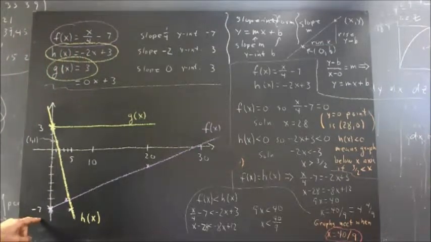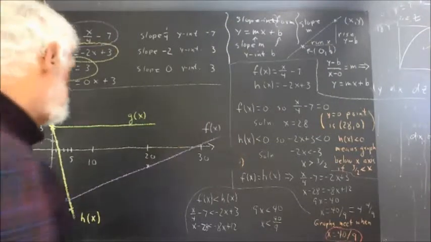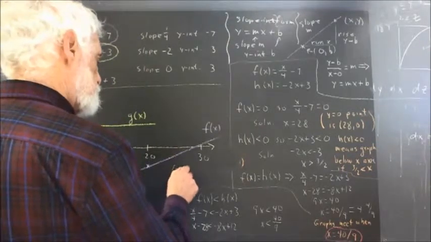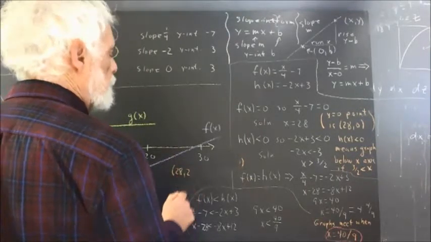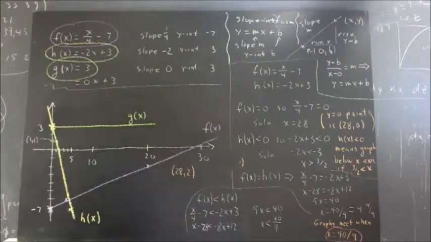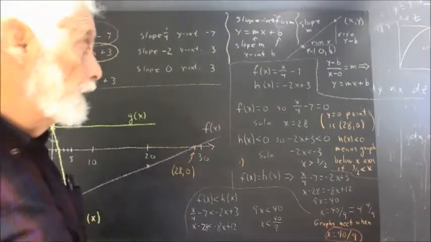So now we have the y-intercept and the x-intercept. So we can say that this point is 28, 0. I don't know why I wrote a 2 there, but let me fix that. Okay, now it reads 28, 0, that point there.